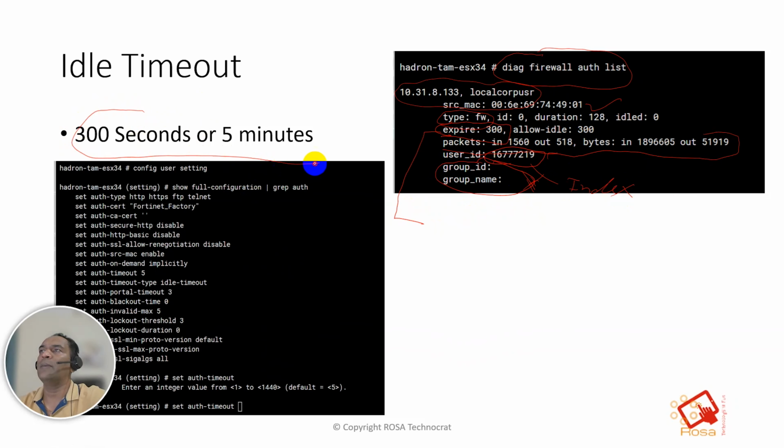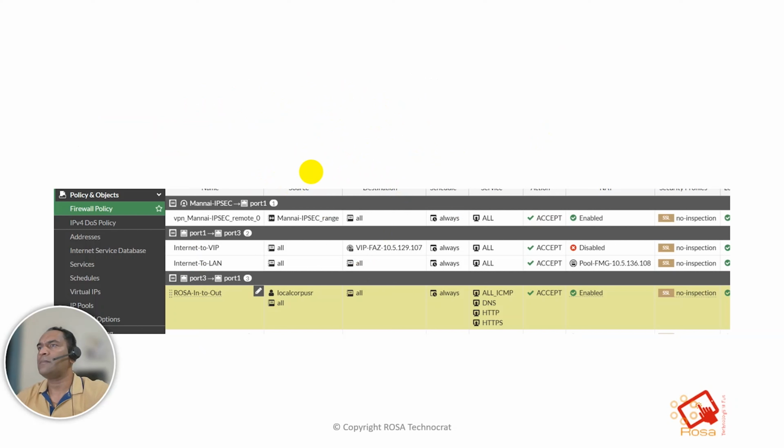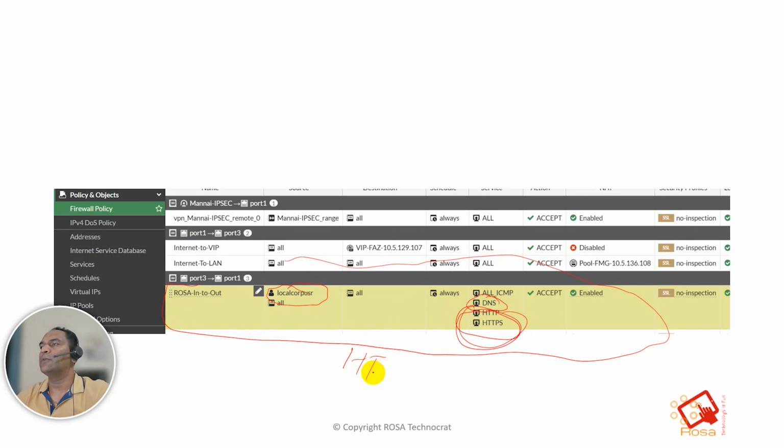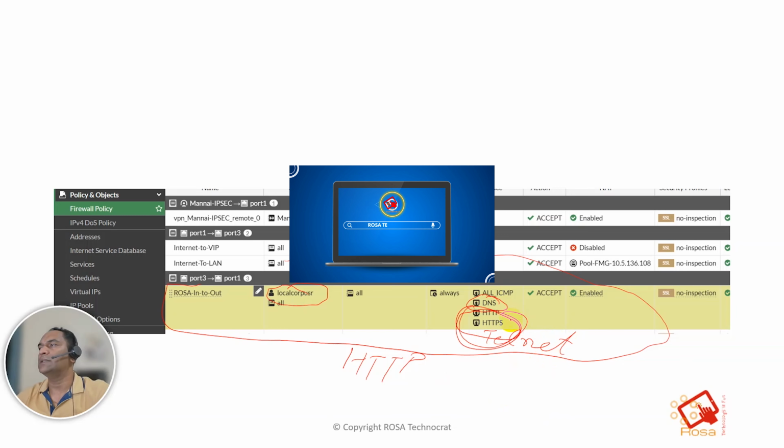300 seconds or 5 minutes is the idle timeout. Based on this, you can see the auth timeout here. So what do you need overall? You need a firewall policy with user authentication, user group, and DNS specified, and the firewall policies must allow the supported protocols for the first authentication to happen, because captive portal only supports HTTP, HTTPS, telnet and FTP.